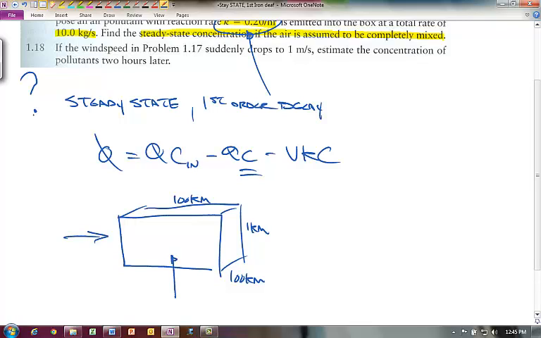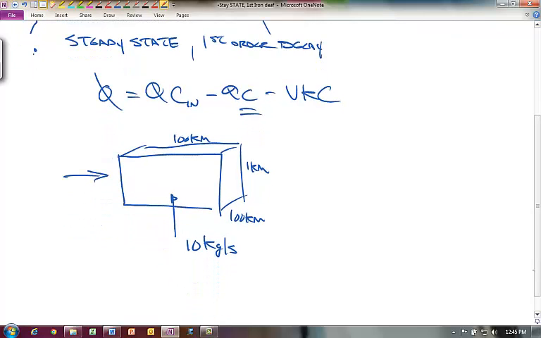We've also got a point source coming in at 10 kilograms per second. And we've got a reaction decay coefficient. This should actually be a K_D, equal to 0.2 per hour. And we're trying to find the steady state concentration leaving here after some infinite amount of time.